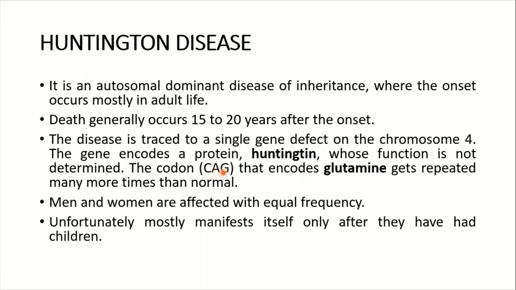The codon CAG that encodes glutamine gets repeated many more times than normal. Men and women are affected with equal frequency. Unfortunately, it mostly manifests itself only after they have had children.